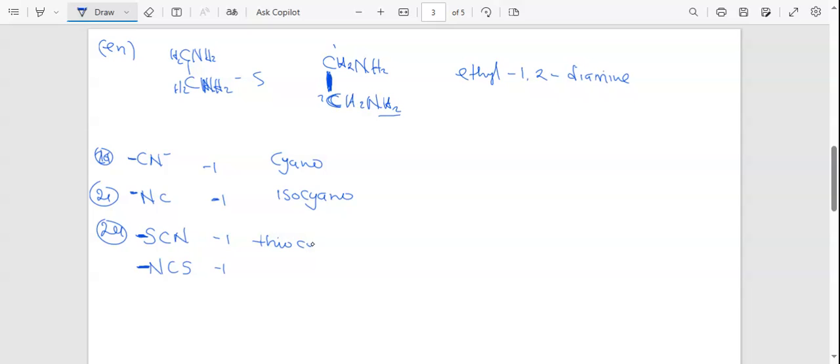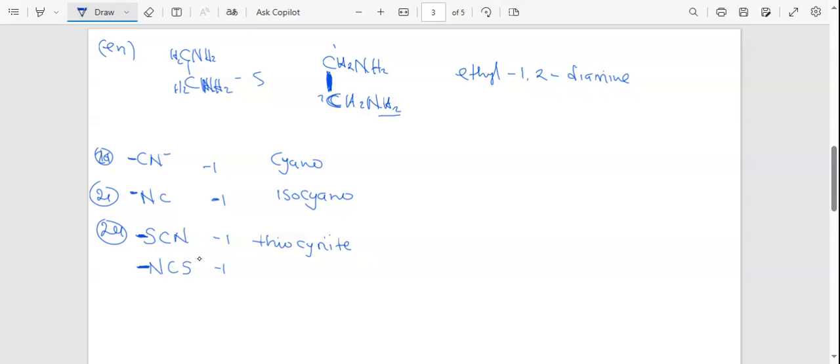thiocyanate. Just like that. This is when it is in a molecule. All right. Thiocyanate. But when it is just alone, you call it thiocyanito.